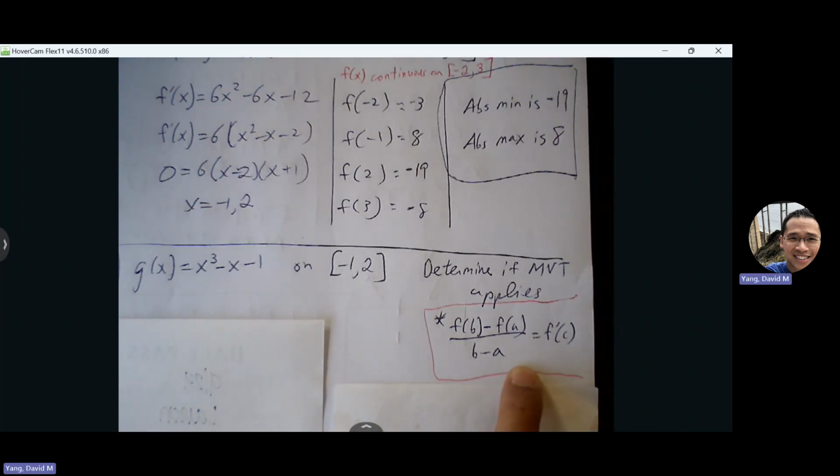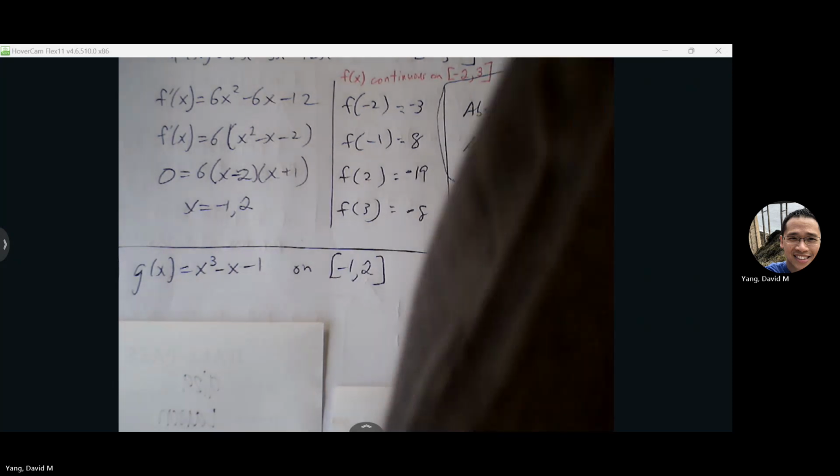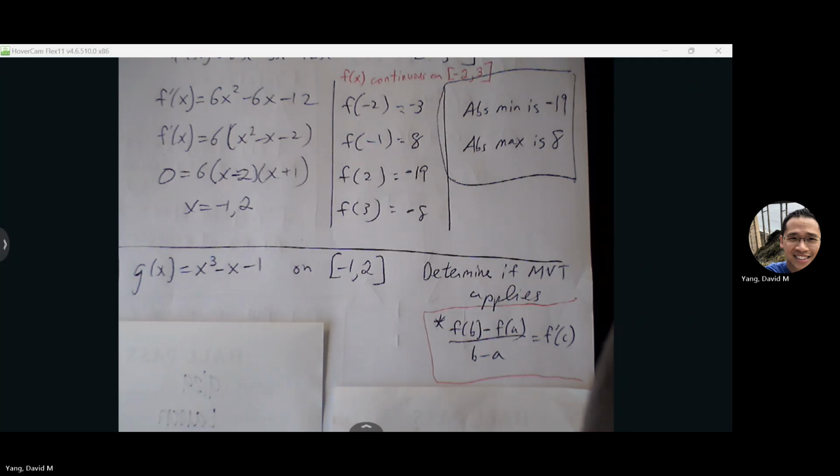Okay, this is the formula you'll be using for mean value theorem. So, yeah, you have your continuity statement, you have your differentiability statement.